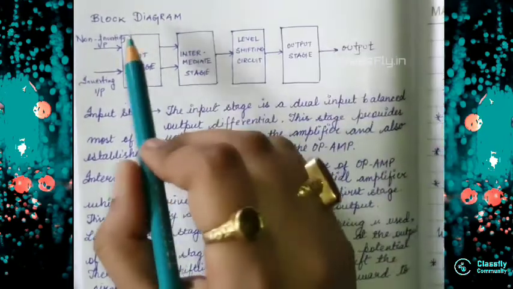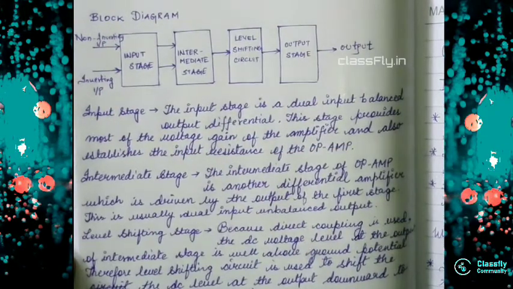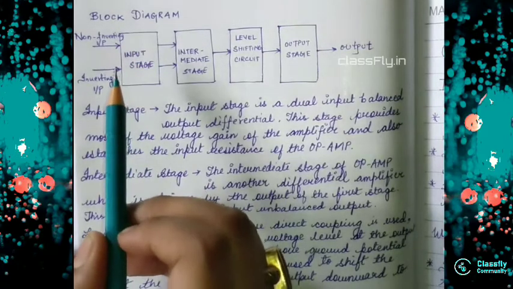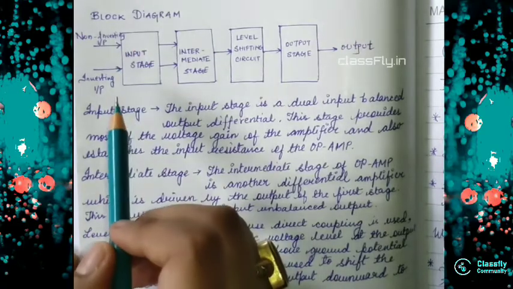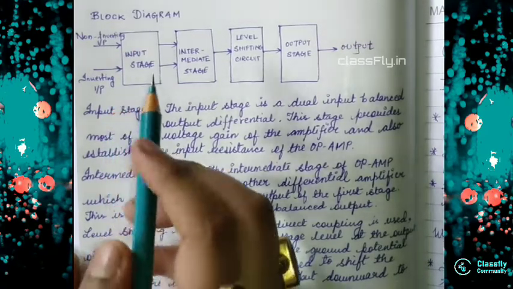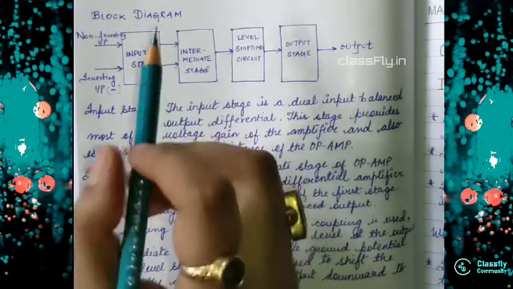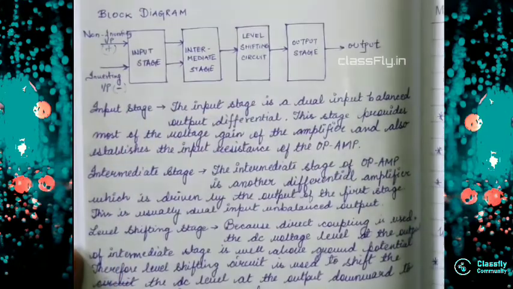The block diagram is the internal function of the op-amp. We know that our operational amplifier has a non-inverting terminal as an input and an inverting terminal as an input. Inverting means the minus sign and non-inverting means the plus sign, that is the positive sign.